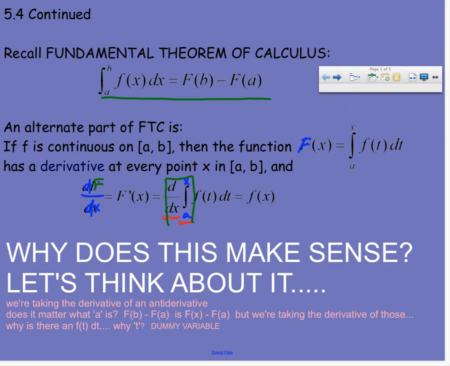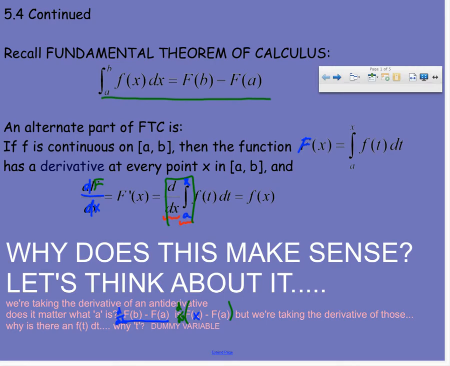Here's why it doesn't matter. If you look here, we have capital F of b minus capital F of a. That's our antiderivative. Now we're taking the derivative of that, because we're taking the derivative of the antiderivative. Here, the b is an x. See how there's an x on top right there. So it would be capital F of x minus capital F of a. When we take the derivative of that whole thing, the derivative of capital F of x is lowercase f.